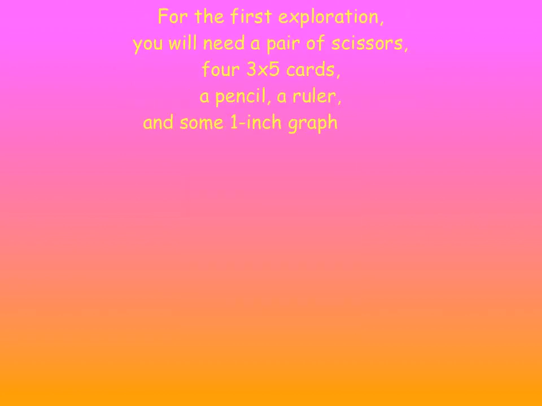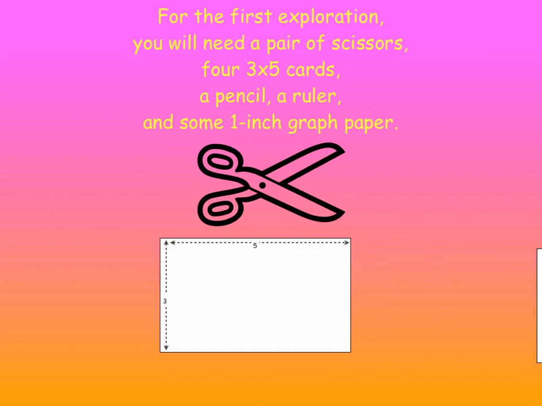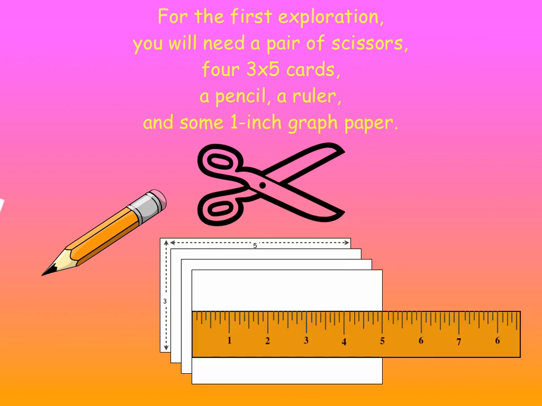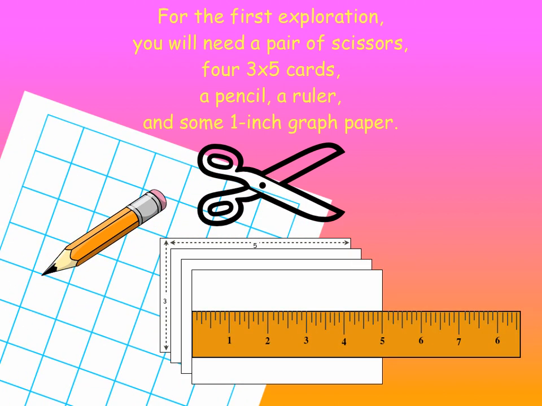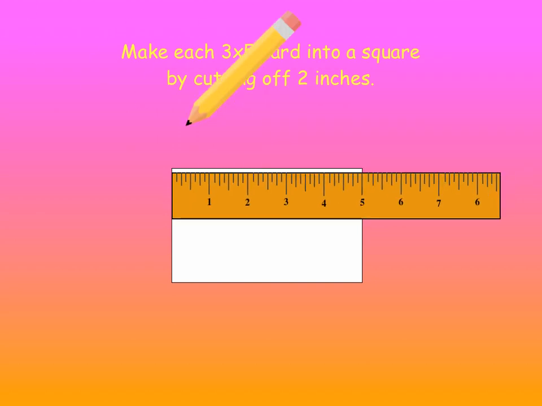For the first exploration, you'll need a pair of scissors, 4 3x5 cards, a pencil, a ruler, and some 1-inch graph paper. Make each 3x5 card into a square by cutting off 2 inches.